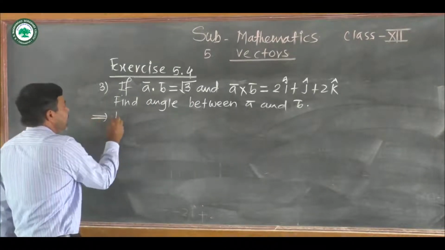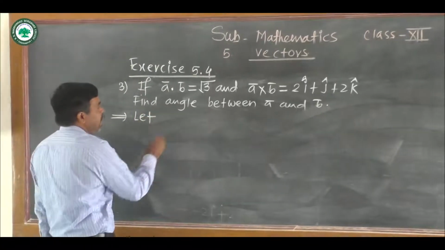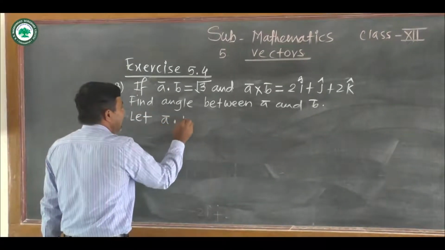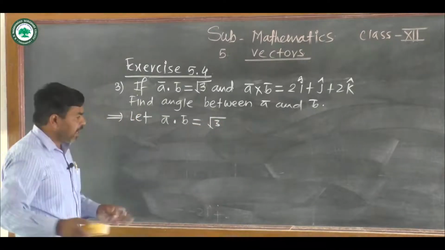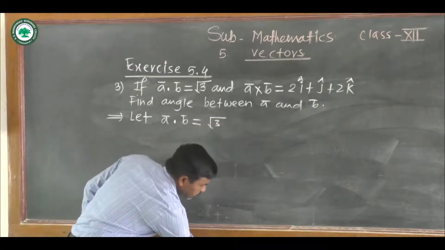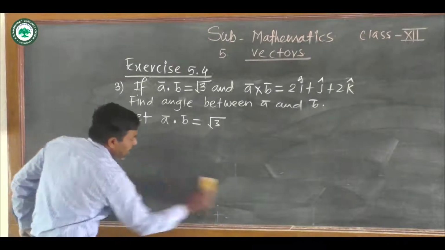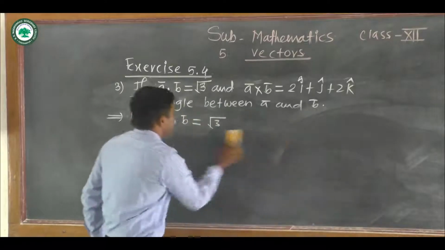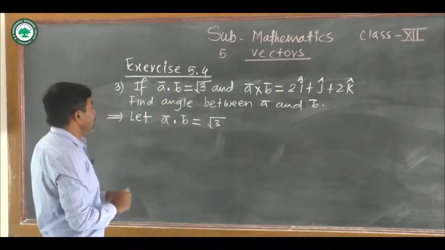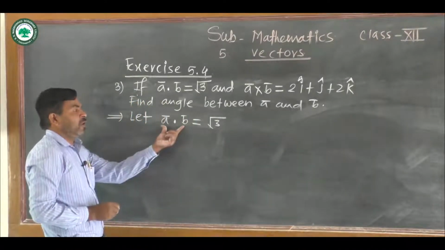Okay. Let A bar dot B bar be equal to square root of 3. See, the dot product is given. But by the definition of dot product, what is the definition?